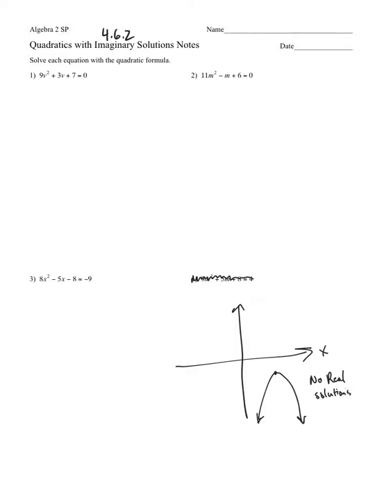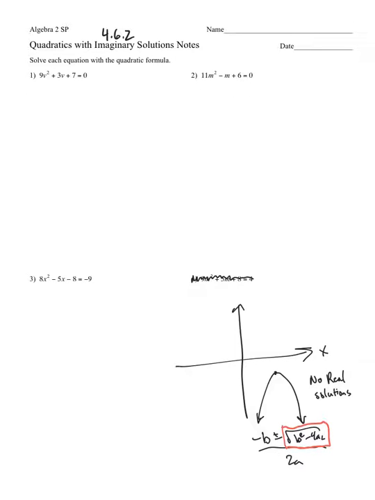We haven't really talked about why that would be, but if you recall yesterday when doing the quadratic formula, negative b plus or minus the square root of b squared minus 4ac, all over 2a, this part here is called the discriminant.